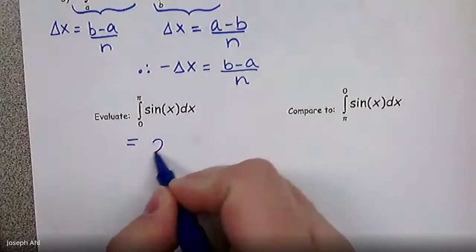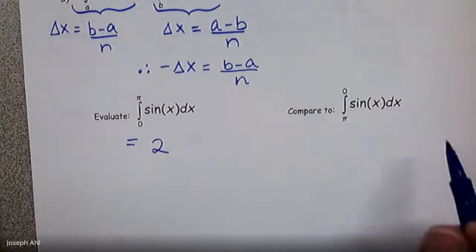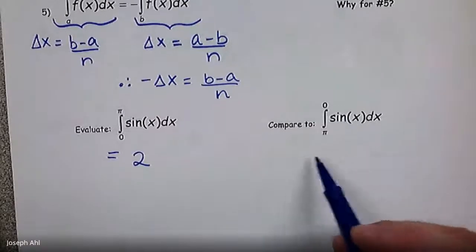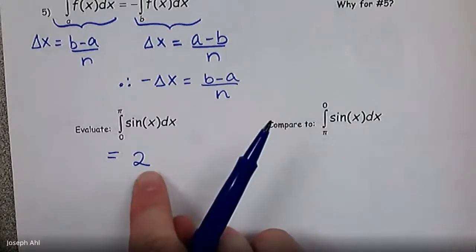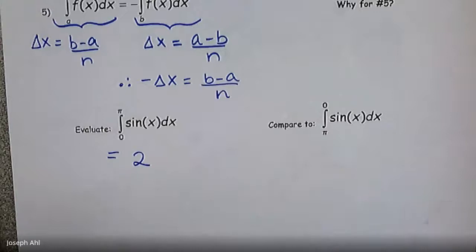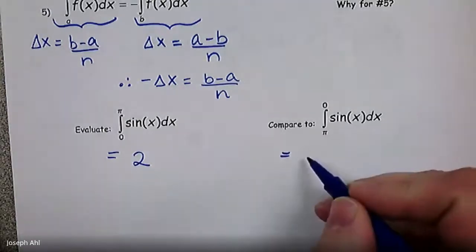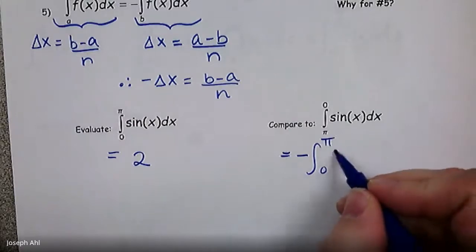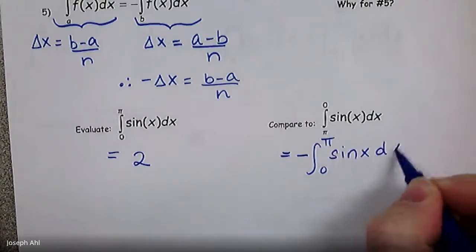So we get that this is equal to 2. And without doing anything else, I know that if I reverse the bounds, this is going to equal the negated form of this area right here. So you can use the property of integrals to say this is the same thing as negative the integral from 0 to pi of sine x dx.